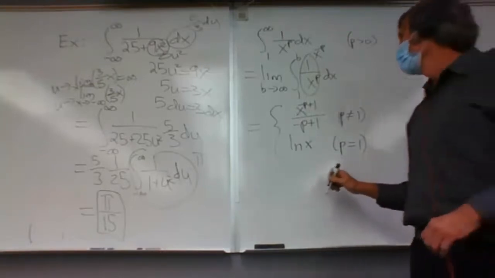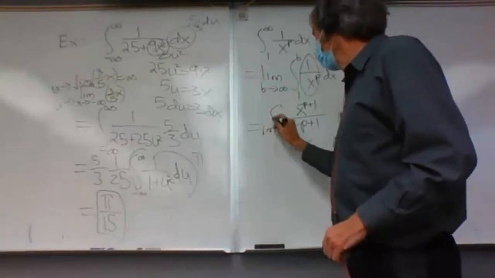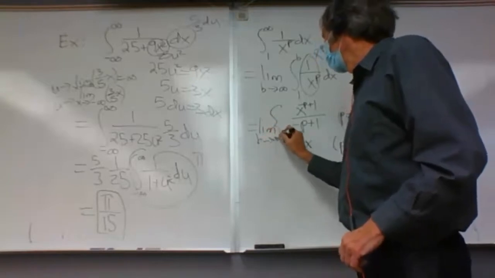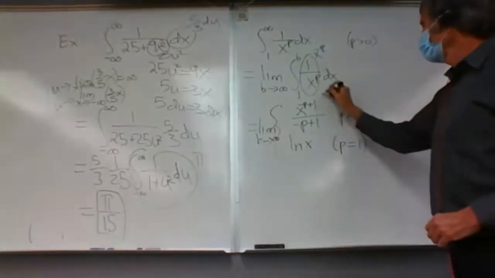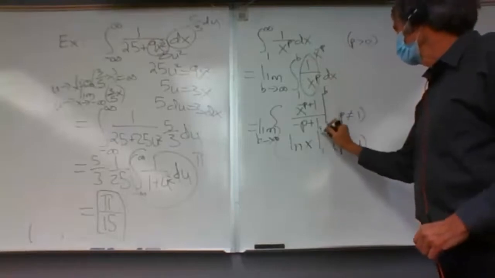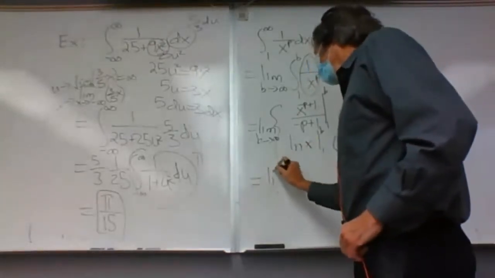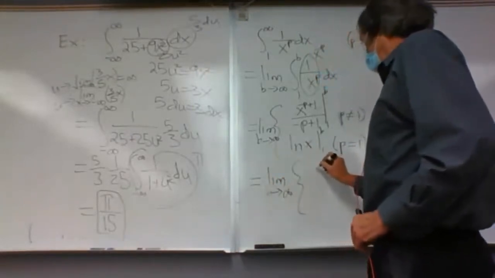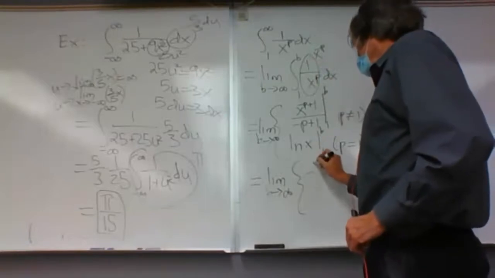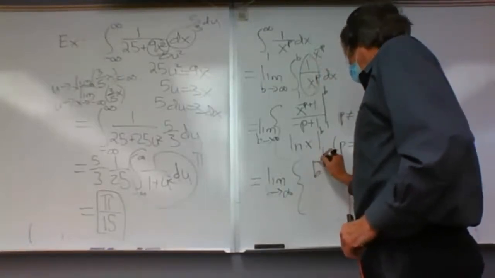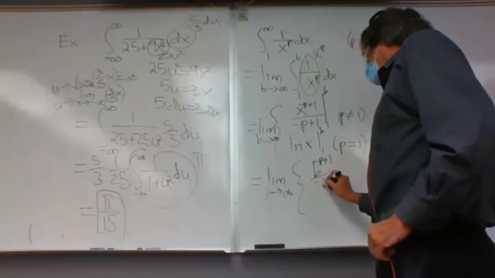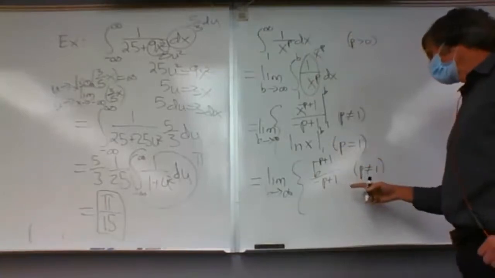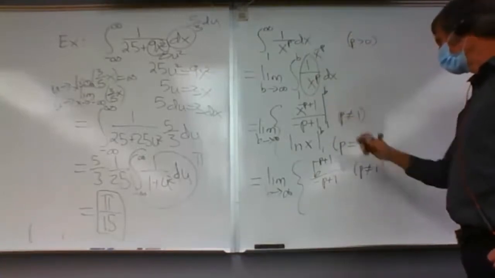Well, I need the limit. Oops. And then I have to plug in 1 and b in both of these. So I have the limit as b goes to infinity of either, if p is not equal to 1, plugging in b: b to the minus p plus 1 over minus p plus 1, see, I plug in b and subtract.